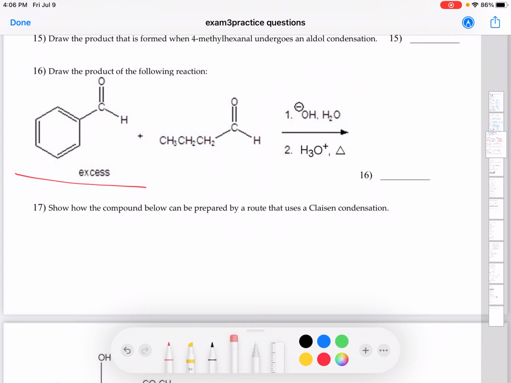And then once one of the hydrogens is lost, you're creating a negative charge. Remember, now you have only one hydrogen there. Just like we did in the previous one, the carbanion will react with the carbonyl group of the other molecule and form a new bond between the two molecules.